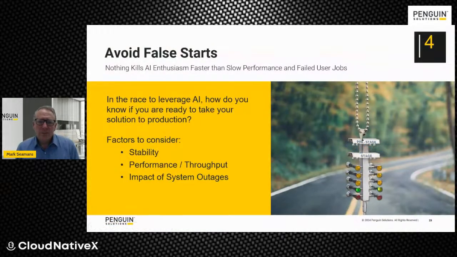Moving forward, remember we talked about this process of design, build, deploy, and getting to day one production. What we really want to do as we're designing through to that is to think about how we are going to avoid a false start. As I put in the slide here, nothing kills enthusiasm about the system more than either slow system performance or people seeing failed jobs occurring.